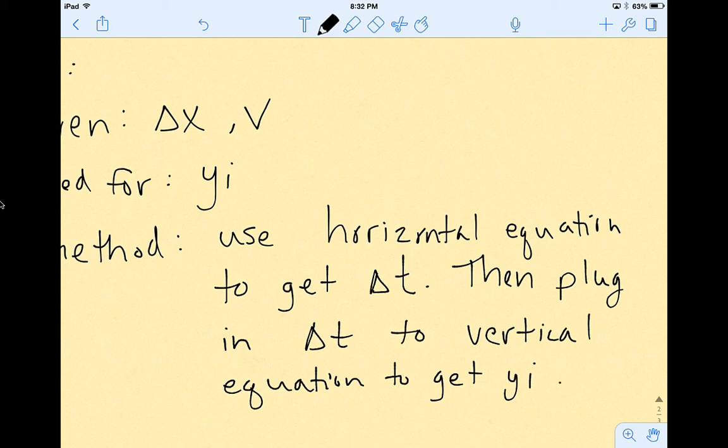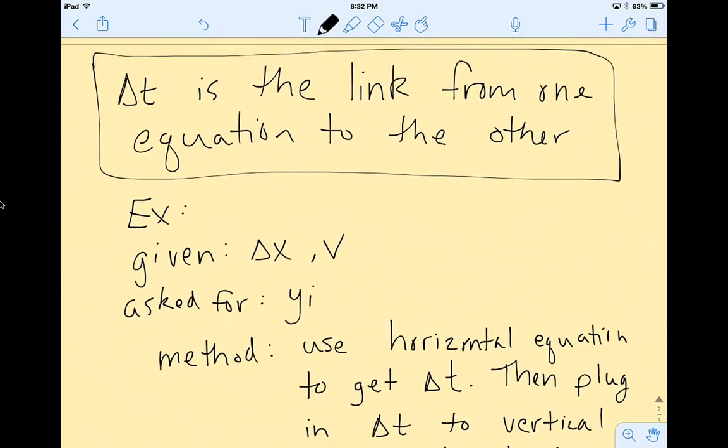So very often they're going to make you use both equations, and it's really super important that we see that if we're going to use both equations, delta t is the thing that links the two equations together. So if you're ever unsure of where to start, finding delta t is a great starting point. Make sure that you know delta t. Okay, guys, that's it. Let's see how I did.